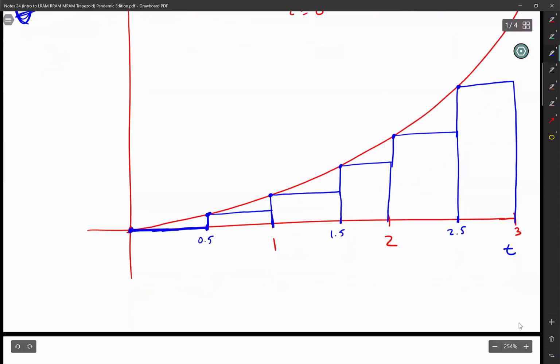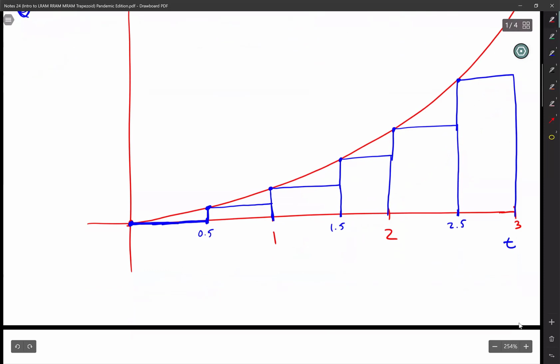All right. I'm going to find the area. How do I find the area of a rectangle? Length times width, or width times height in this case. So here we go, area. And don't worry, I'm going to show you all the steps. The first rectangle has a width of half and a height of 0 squared, because remember, the equation is t squared.